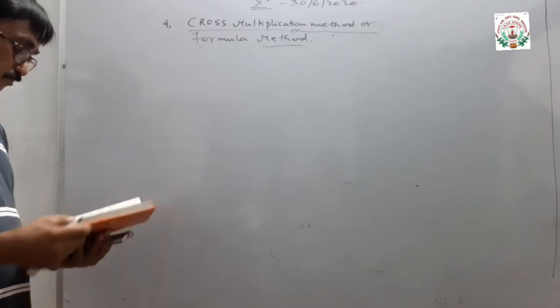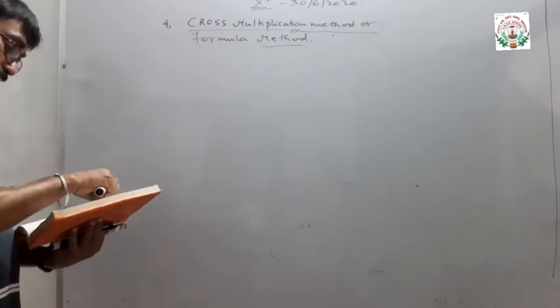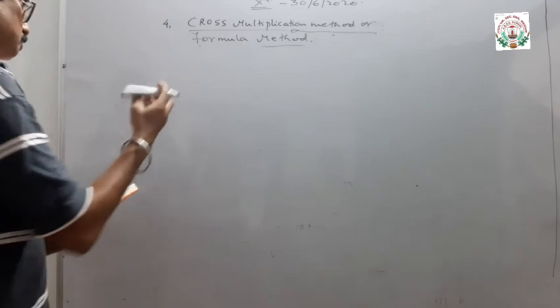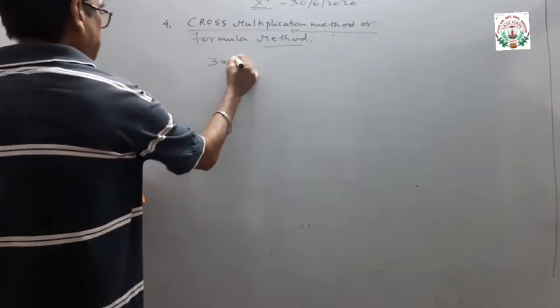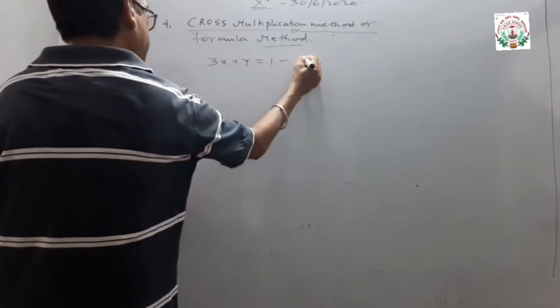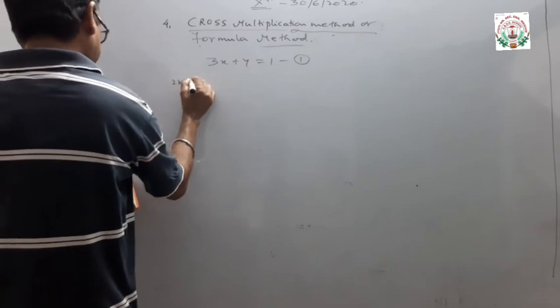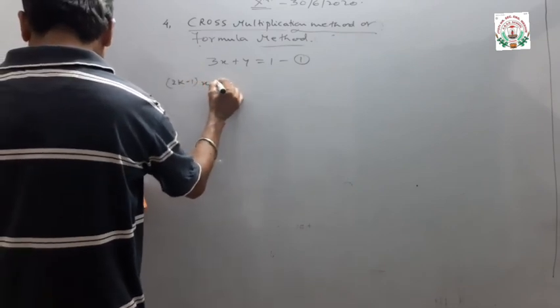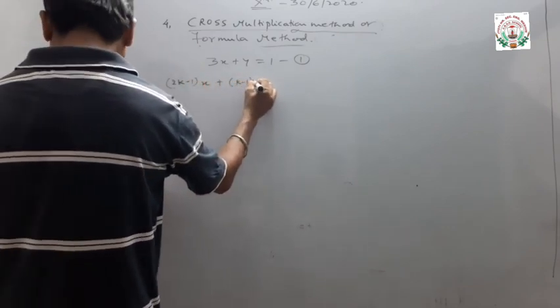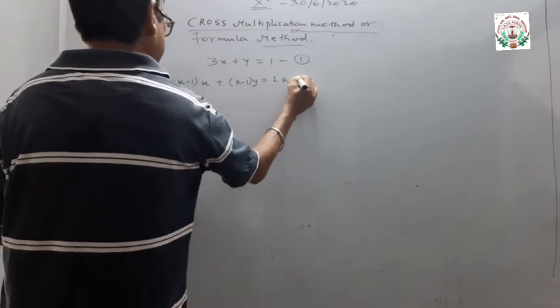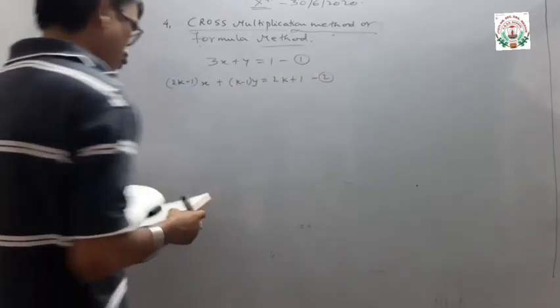For which value of k the following equation will have no solution. Our equations are 3x plus y equals to 1, 2k minus 1 into x plus k minus 1 into y equals to 2k plus 1, equation number 2.